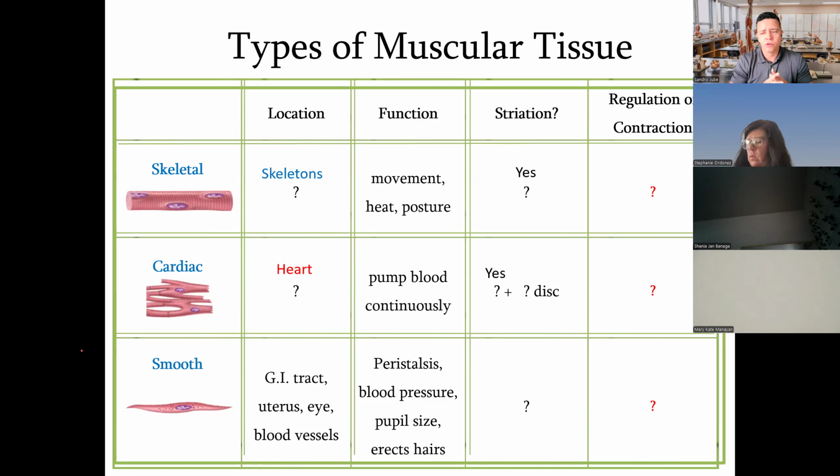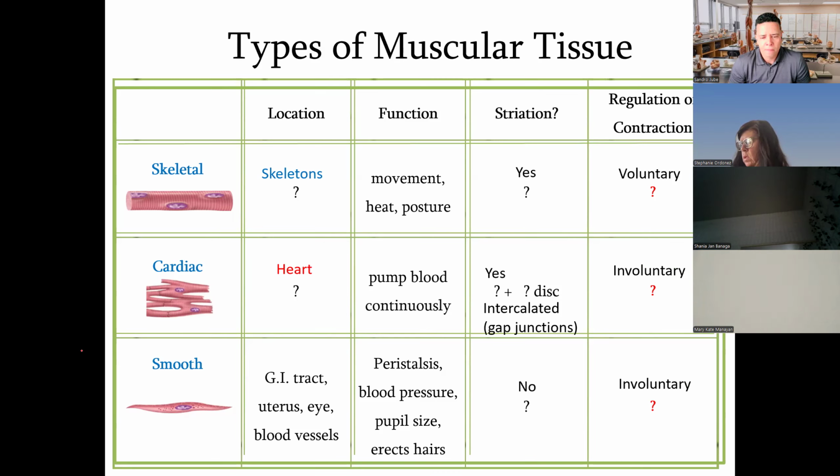It is very crucial for the function of the cardiac muscle. But it's not something that is very important when we talk about smooth muscle. And therefore, they don't have the striations. And we know that only the skeletal is voluntary. The other two are involuntary. Okay, again, all information that we have seen before.